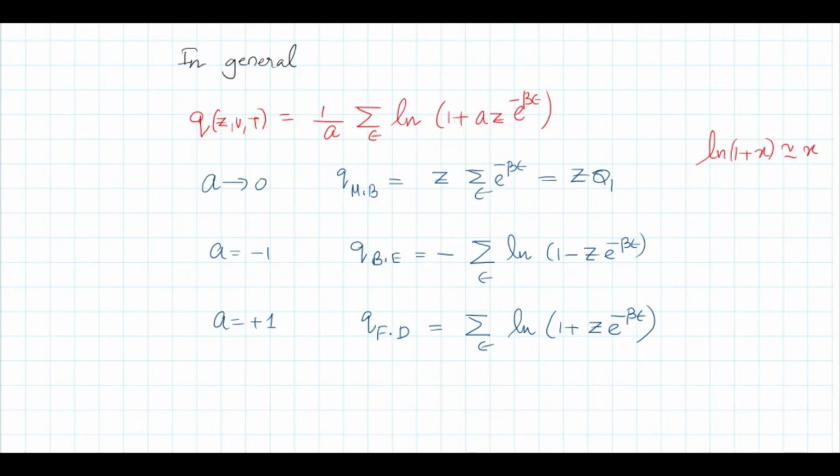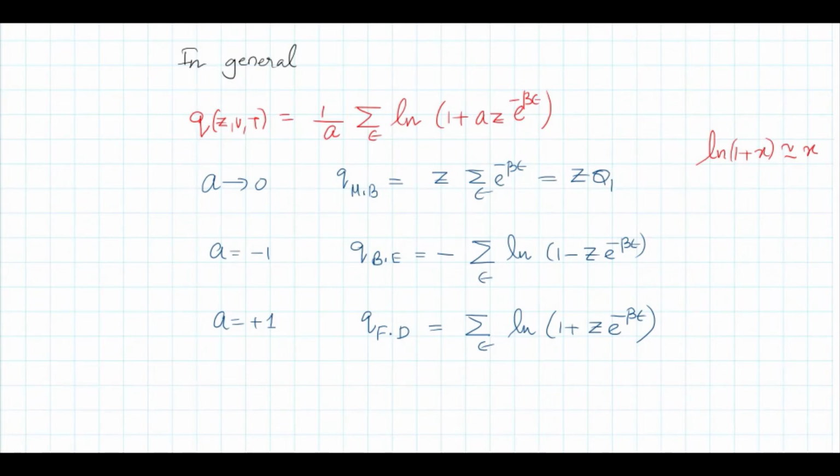Then log 1 plus az e raised to minus beta epsilon becomes simply az e raised to minus beta epsilon, and that a will cancel with this a. So you will get z into sigma epsilon e raised to minus beta epsilon. Sigma epsilon e raised to minus beta epsilon is nothing but the single particle partition function, so it is zq1. For the Maxwell-Boltzmann case, grand potential is given by zq1. This result we already derived in lecture number 16.